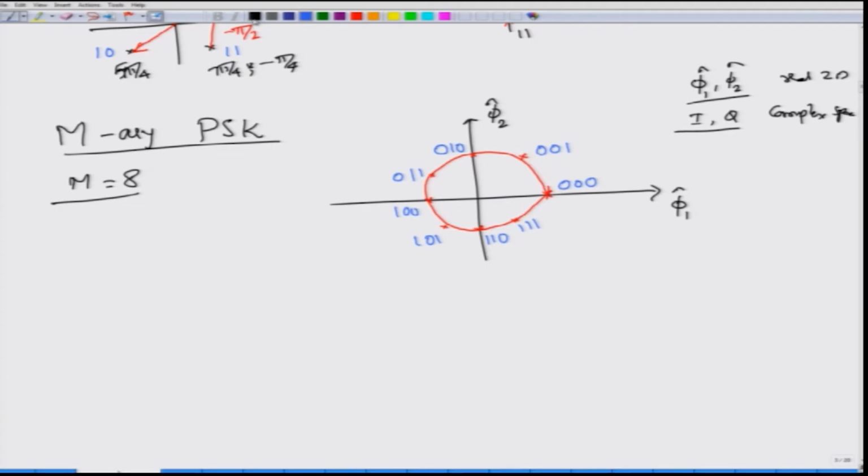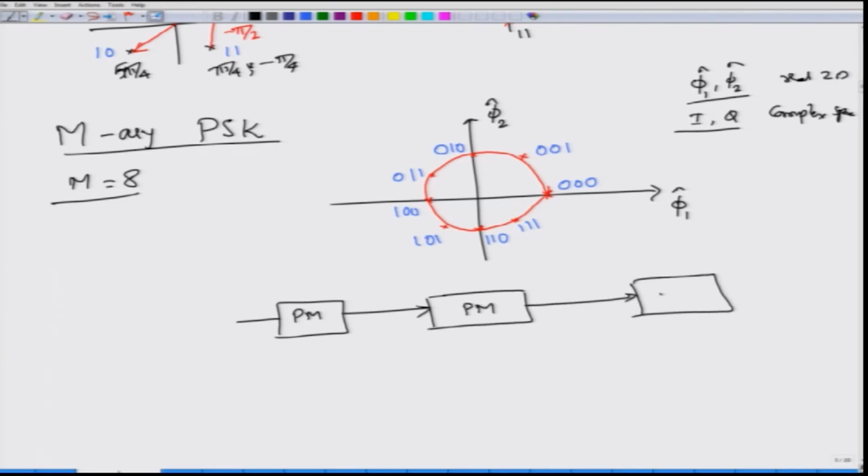How do I implement this? You have the usual culprits, the laser diode, the pulse shaper, but for representing these phases you can simply use 3 phase modulators. This phase modulator will be biased between 0 and pi, that is in order to generate 0 and pi phase shift. This will give you 0 and pi by 2, whereas this one will give you 0 and pi by 4.